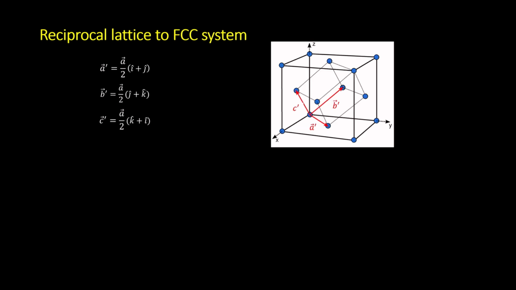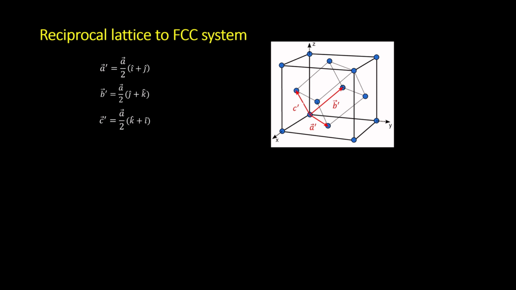Next, let's consider a face-centered cubic lattice. The primitive translation vectors of the FCC lattice are given by again these three expressions A prime, B prime, C prime, where A is the side of the conventional unit cube and i, j, k are orthogonal unit vectors parallel to the cube edges. The volume of the primitive unit cell is given by A prime dot B prime cross C prime, which will be A cube by 4.